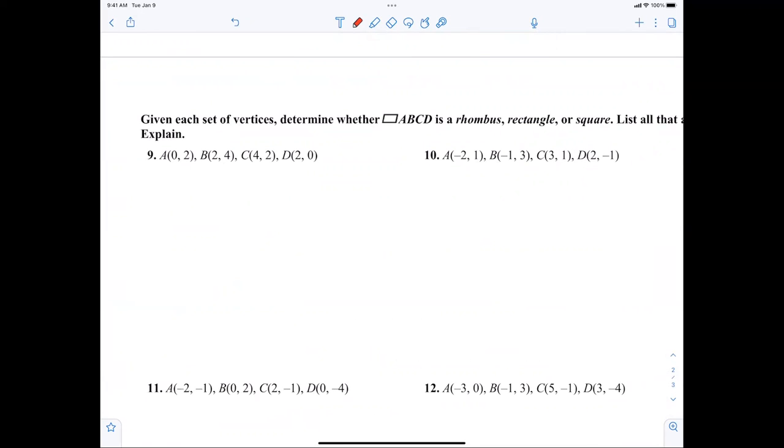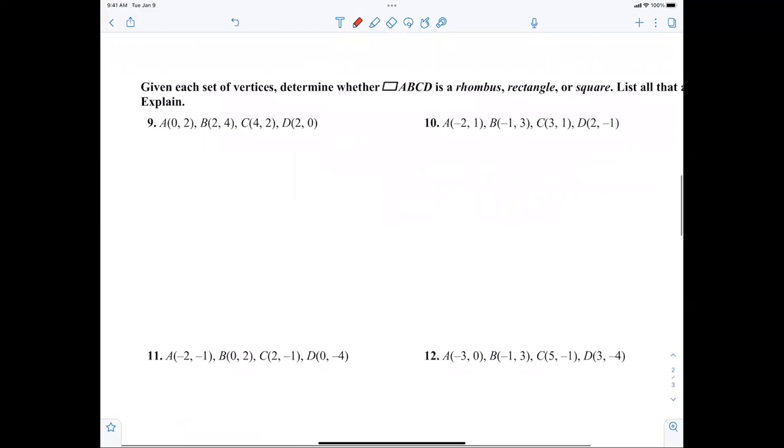If the diagonals are perpendicular, then it's a rhombus. Does everybody agree with that? And if the diagonals are congruent, then it's also a what? Square. Is everybody with me on this? I kind of feel like that's the easiest way to do it.